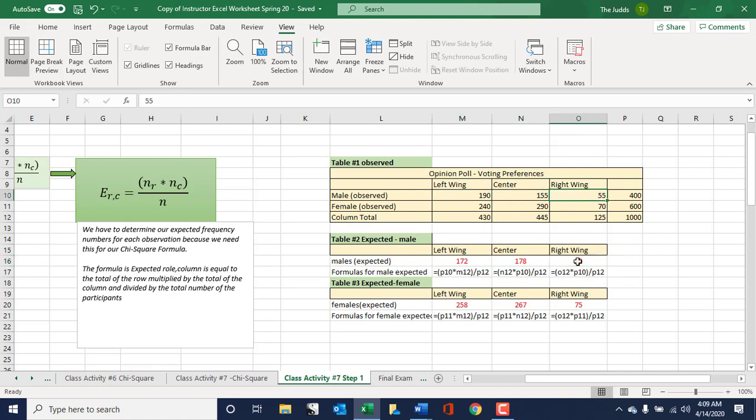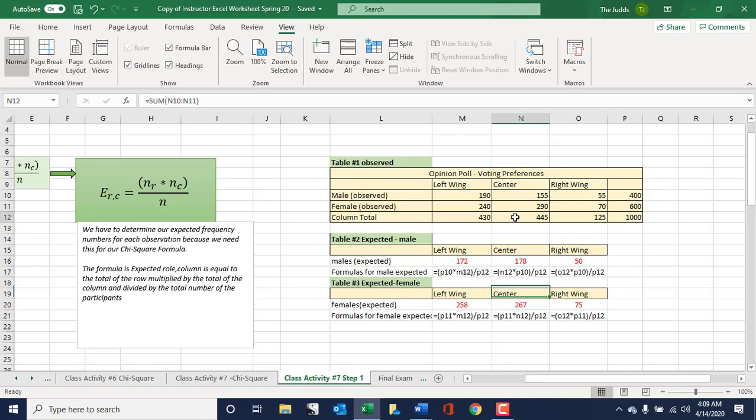our responses. We're going to do the same thing for the females. For the females, the total row is 600, divided by the 1,000.